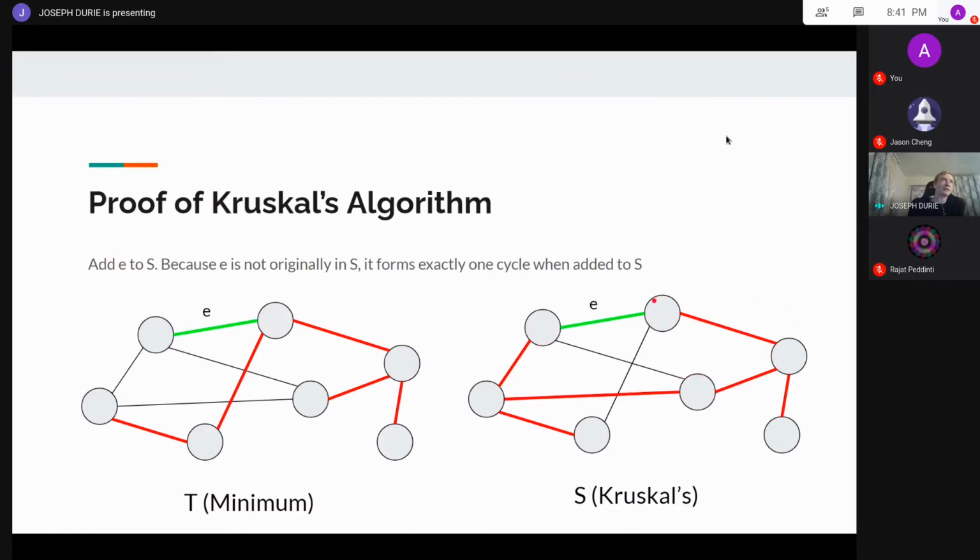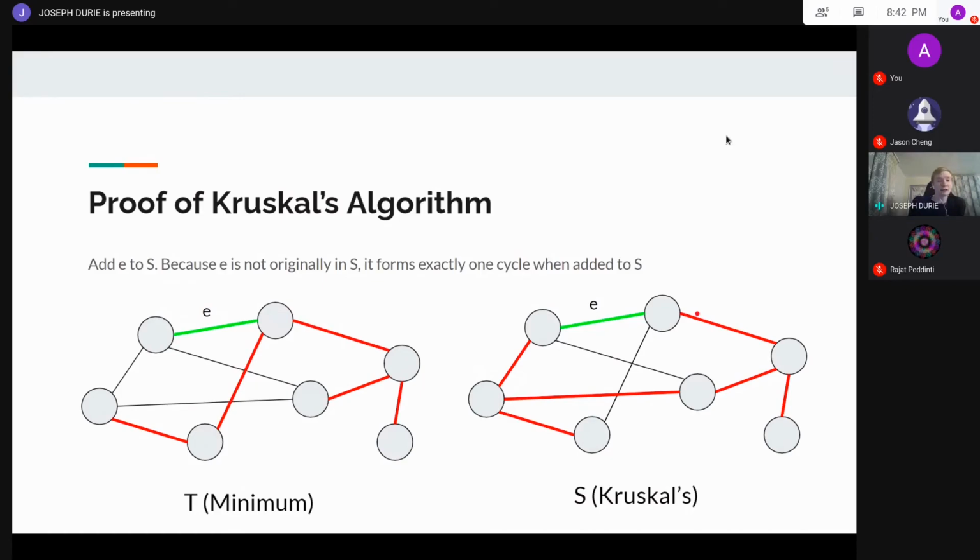Otherwise we would have added it during Kruskal's, right? Because at the step where we look at edge e, if that didn't add a cycle, we would have added it in. So that means there has to be this cycle here.